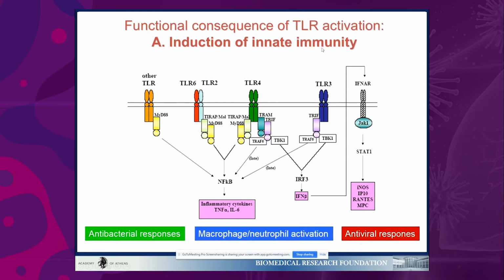First is induction of innate immunity, and that leads to activation of the main immune cells of innate immunity, like macrophages and neutrophils, activation of antibacterial responses, and activation of antiviral responses. So the transcriptional programs that I mentioned include at the center NF-kappa-B transcription factors and IRF transcription factors, and upregulation of inflammatory cytokines, but other responses as well.